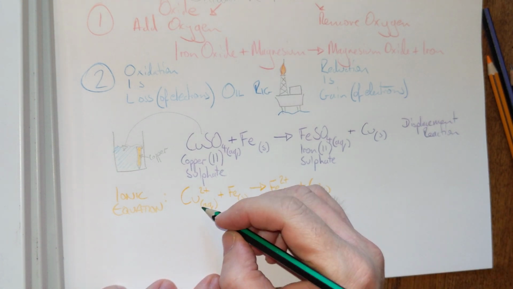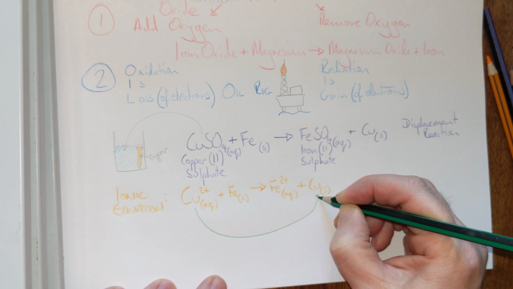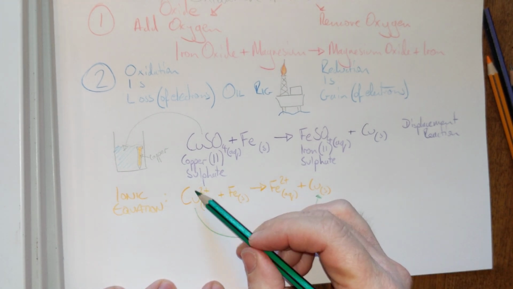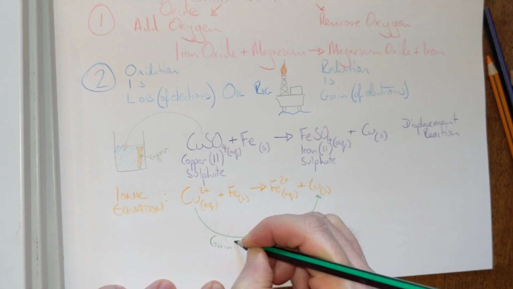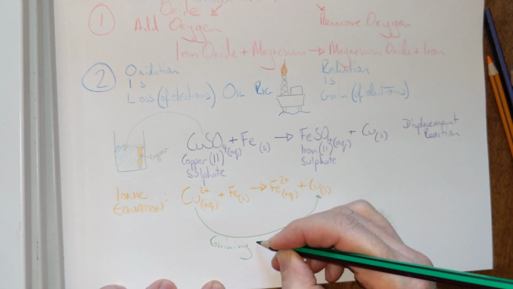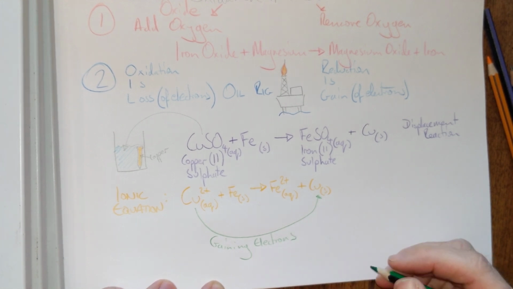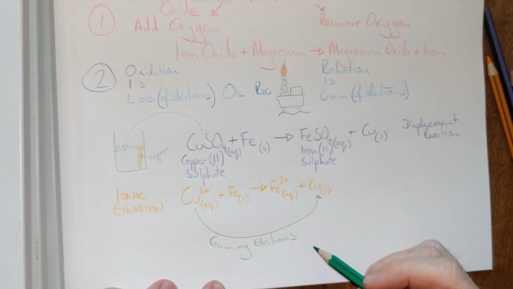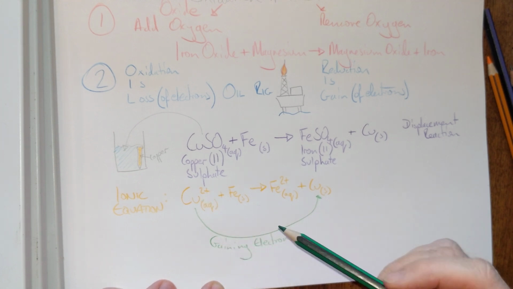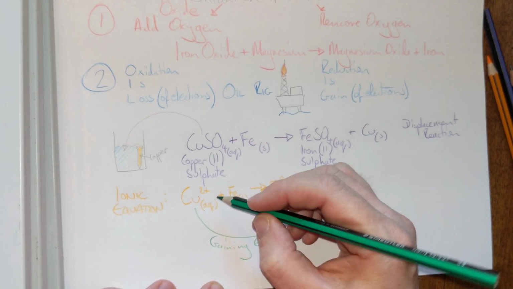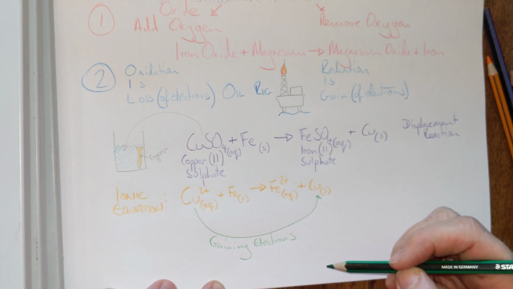Here, if we're going from Cu2+ to copper solid, we are gaining electrons. In fact, we're gaining 2 electrons here, aren't we? Because that's 2 positive. If we add 2 electrons, each electron is negative, so that will balance that out and make that solid copper.